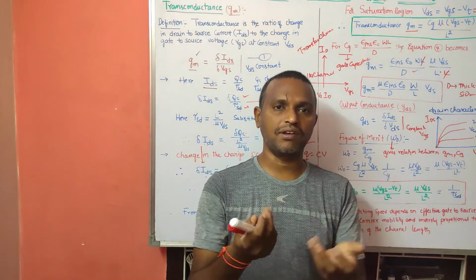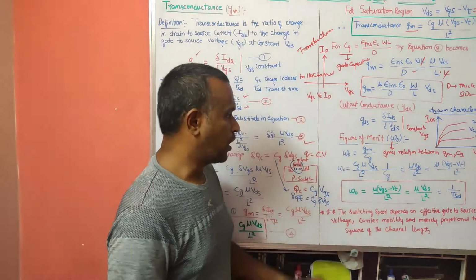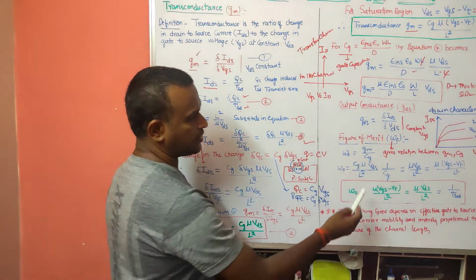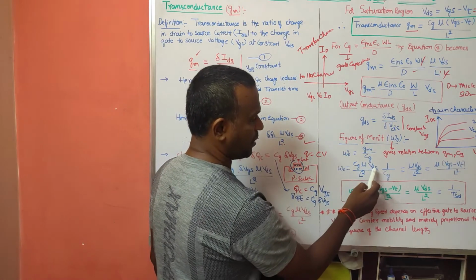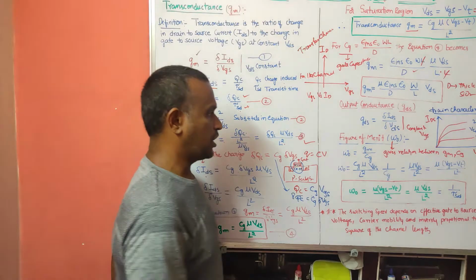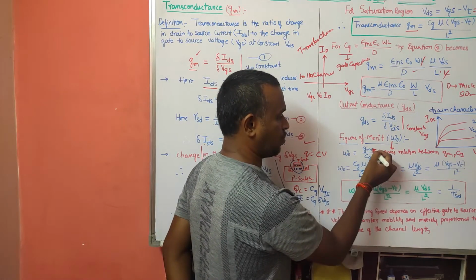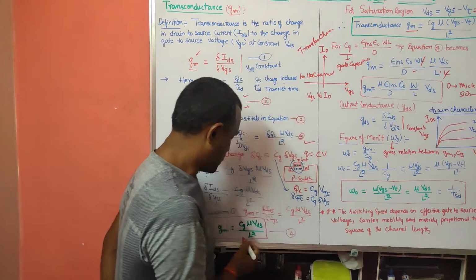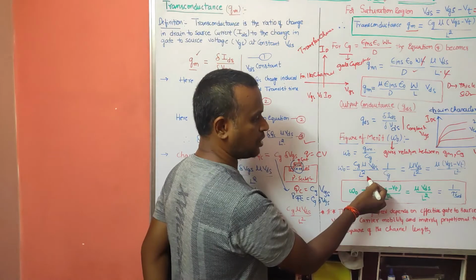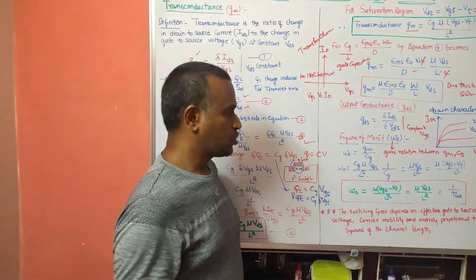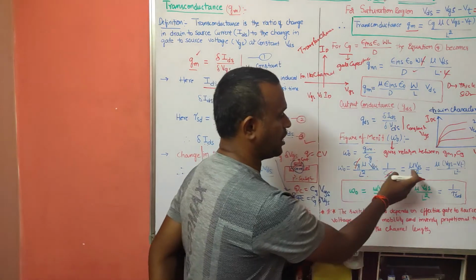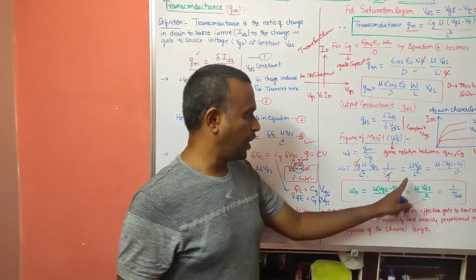If I substitute that, we will see what I get. Gm is equal to Cg mu Vds by L square, from equation number 4. So it is Cg mu Vds by L square, times 1 by Cg. The Cg and Cg will be cancelled, and what we have here is mu Vds by L square.